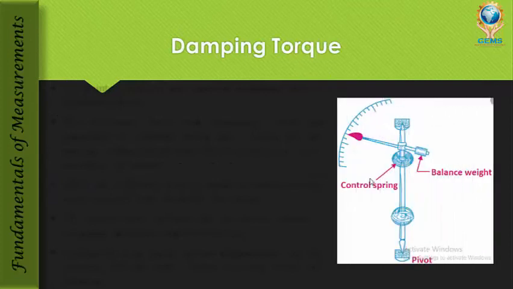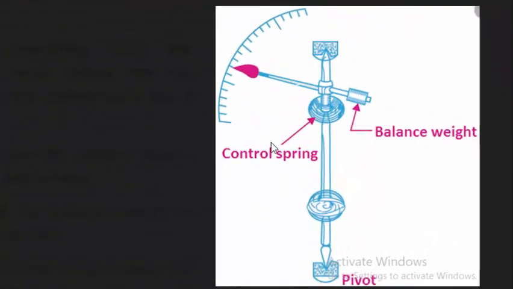This damping torque is very, very important because when the controlling torque is removed, the pointer has to immediately fall to 0. What naturally happens is that the pointer moves back to 0 and moves past the value, so it keeps oscillating.